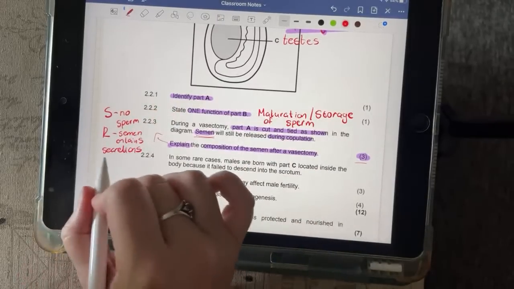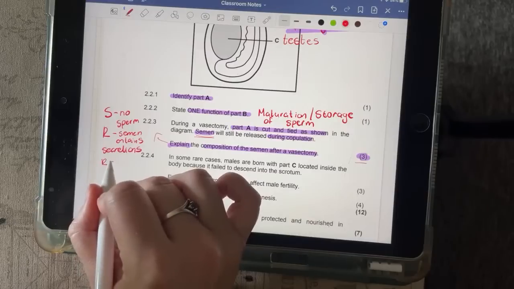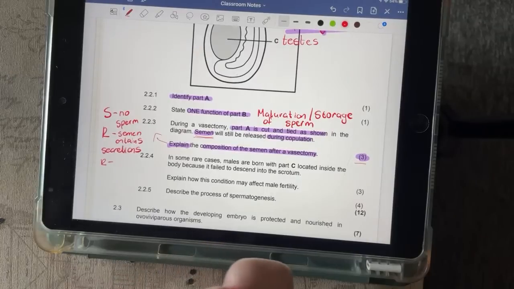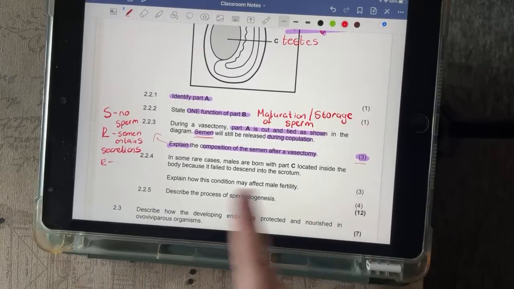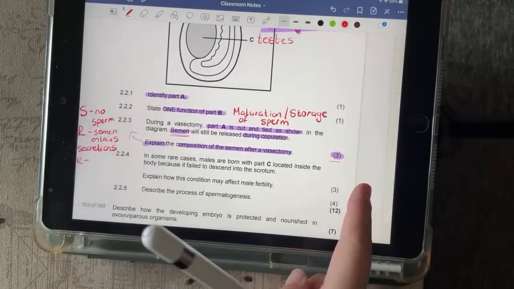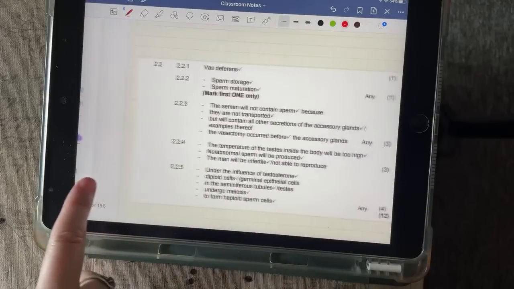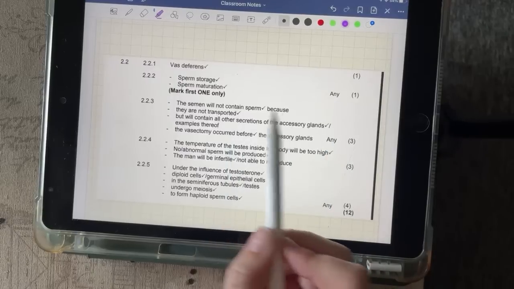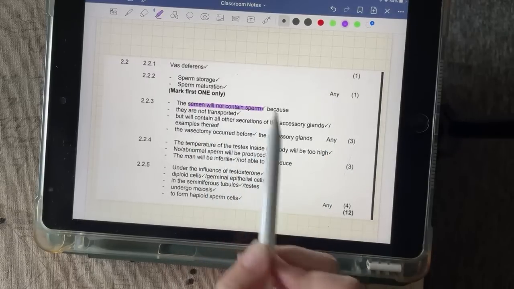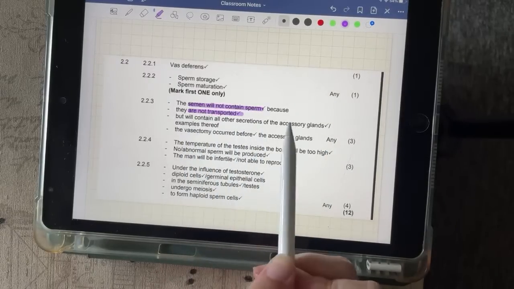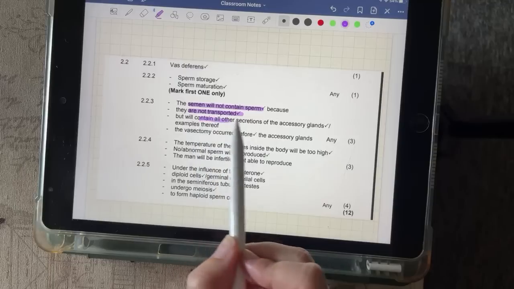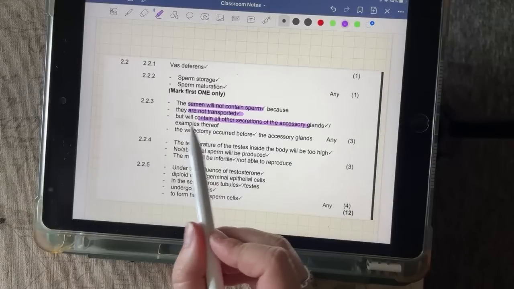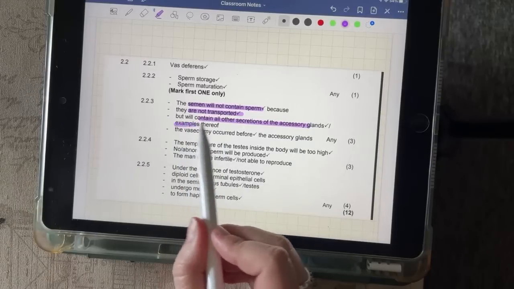And you're going to need another reason. And that reason can be one of the secretions to get the 3rd mark. So let me just show you what they would have said for 2.2.3. They give you a mark for semen will not contain sperm. They are not transported. I suppose that's the extra one we didn't get, but they will contain all the secretions, examples thereof.